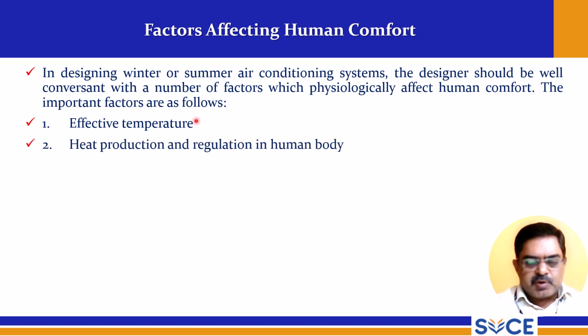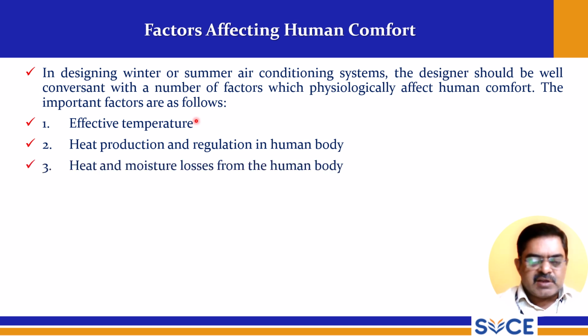Next, heat production and regulation in the human body, and we have seen in an earlier session how heat is generated through the human body and how it impacts the indoor air quality system. Heat and moisture losses from the human body, this also we have seen in an earlier session.